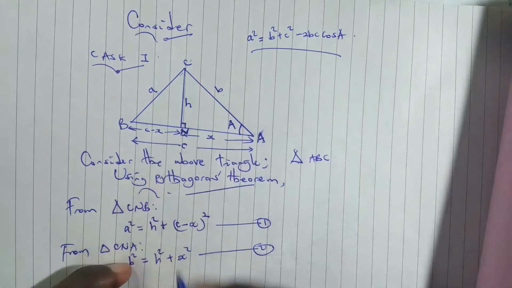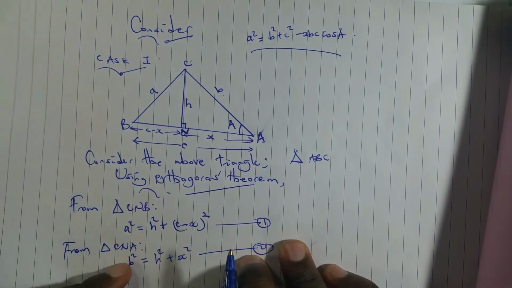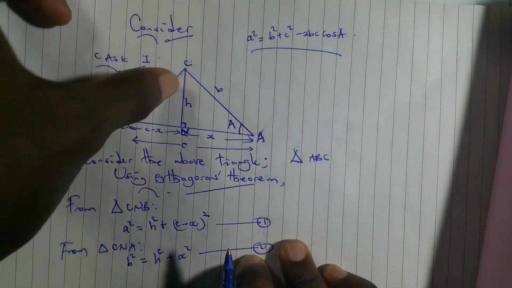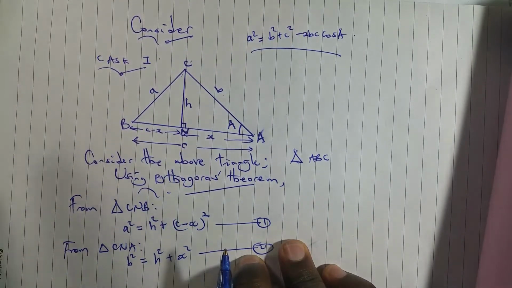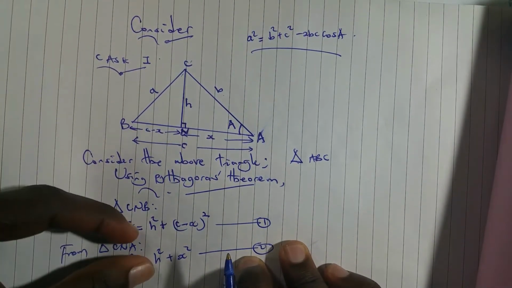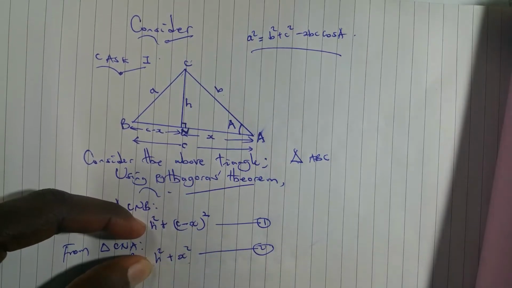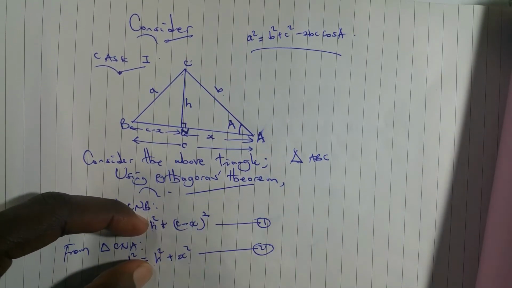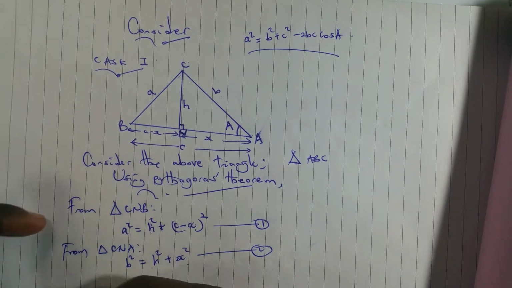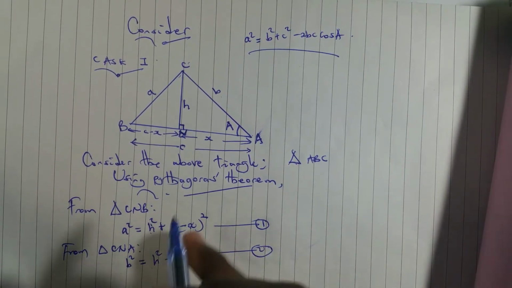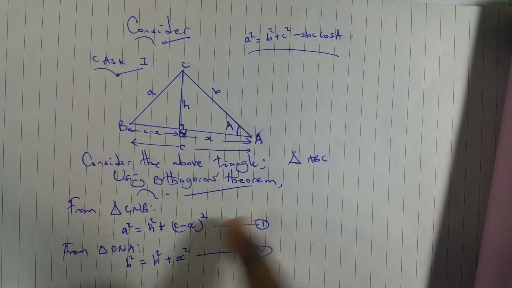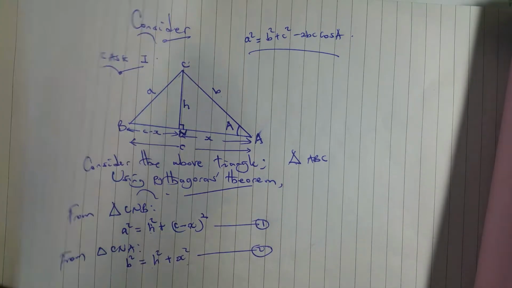If you realize in this cosine rule that we are deriving, the height is not seen there. It's actually there, but we can replace it by something. We don't have h there, even this x is not there, but I think we can first start by eliminating the height squared, which will be equation 1 minus equation 2.